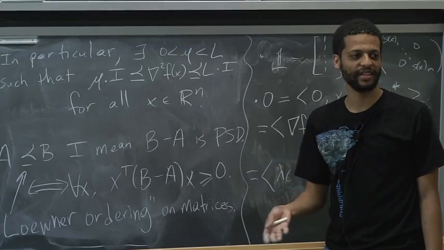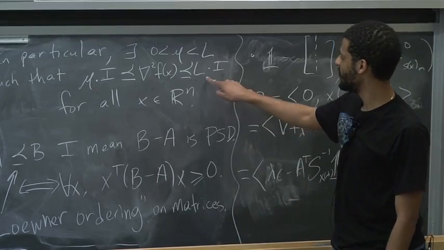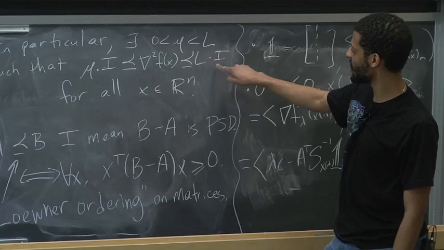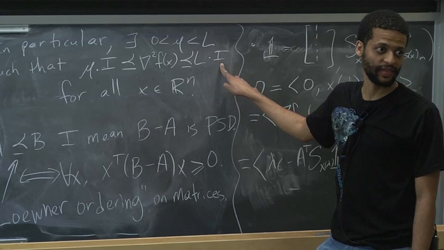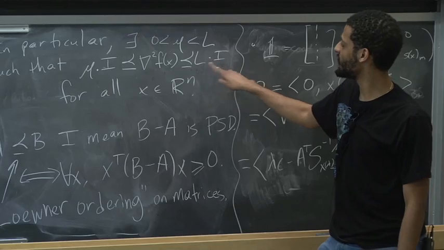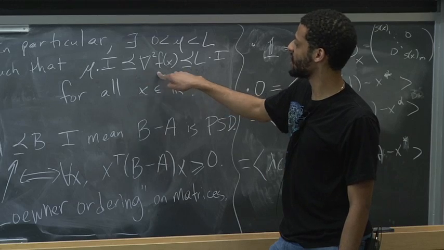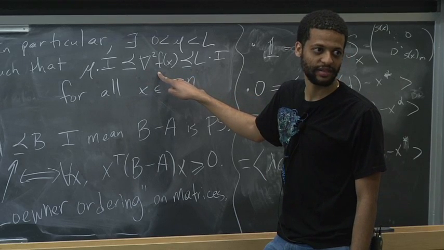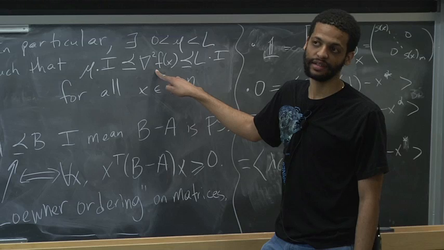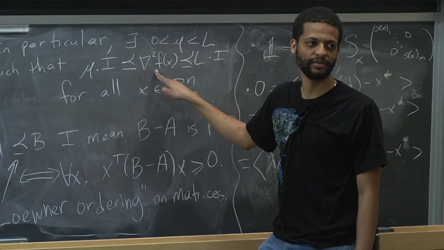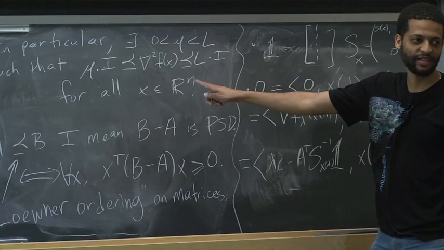Otherwise, you have to normalize by x transpose x. So x transpose L I x is just L times the square norm of x, which is just L if x has unit norm. Whereas here, it's at most the largest eigenvalue times x transpose x, which is the largest eigenvalue. So that says the largest eigenvalue is at most L.